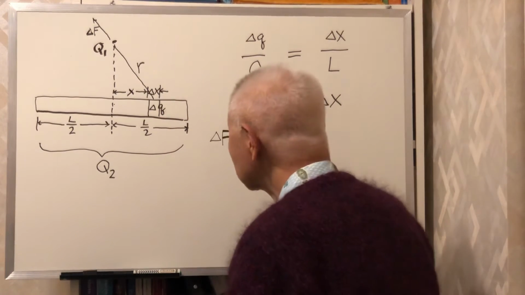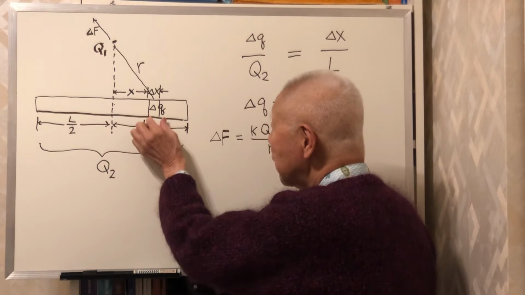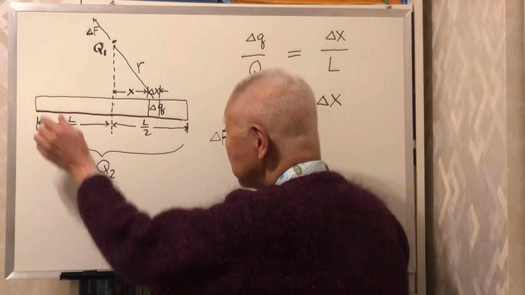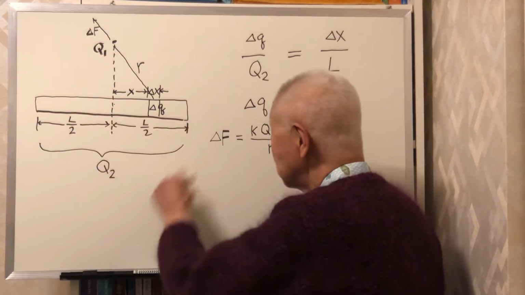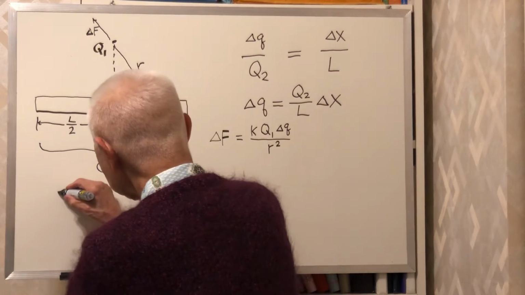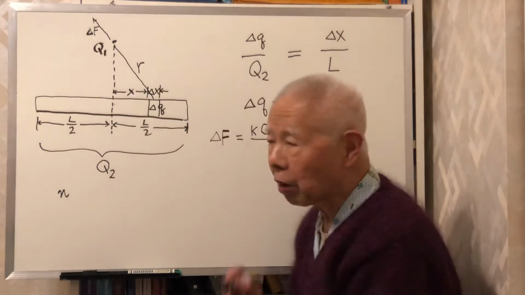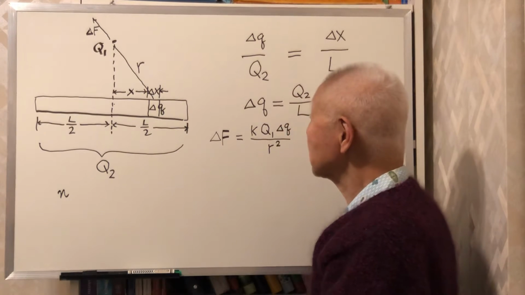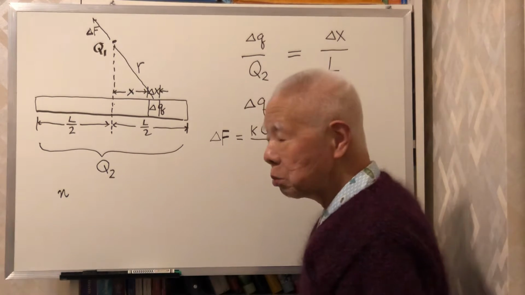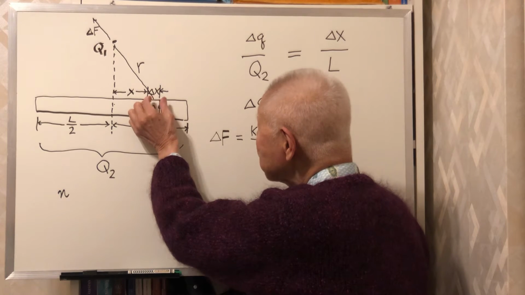Next, let's cut the total length into many, many small sections like this. How many? N. Let's write here the N sections. N is the number of small sections. Now, what we do is make the small section very, very short.